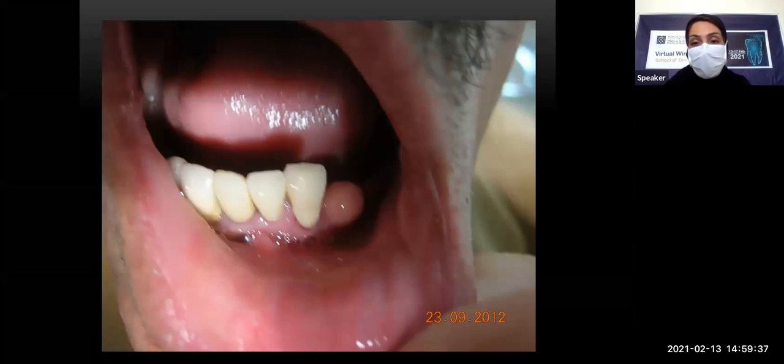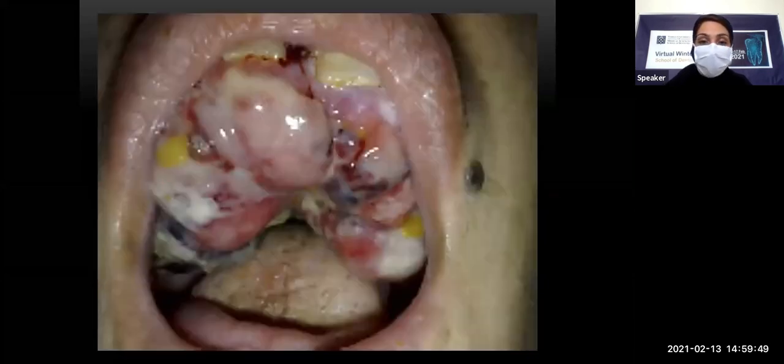We can face such a small lesion in an area of tooth extraction, and the lesion may have an intact surface, and unlike the previous slide, we can also face this huge lesion in the clinic.